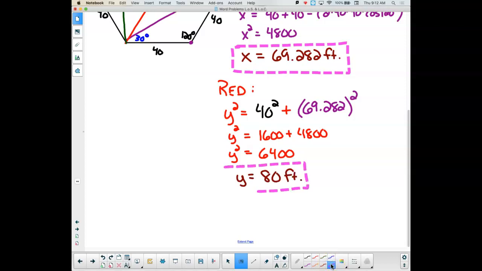No, it's actually 80 exactly. Well, we rounded the 69.28. See, that's why we don't round. Even there, we're kind of rounding it a little bit. Yes, we rounded, but when I went to use it here, I went back up a step, and it went right to 4,800 there.